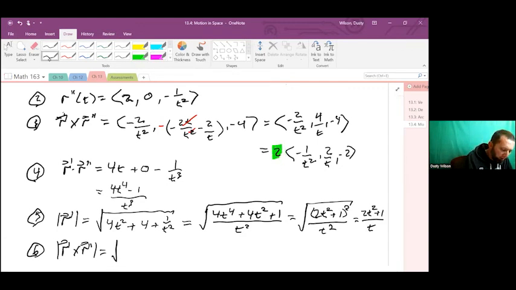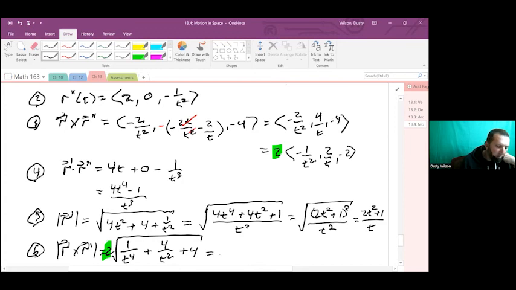So I'm going to just put that out front as a 2. I know it'll just be chilling around. And then underneath the radical, I've got negative 1 over t squared squared, which would be 1 over t to the fourth, and then plus 2 over t quantity squared, 4 over t squared, plus negative 2 quantity squared, which would be 4.